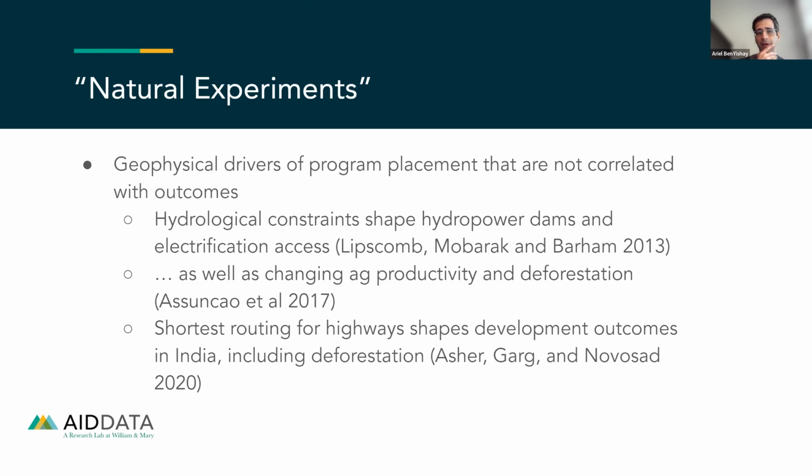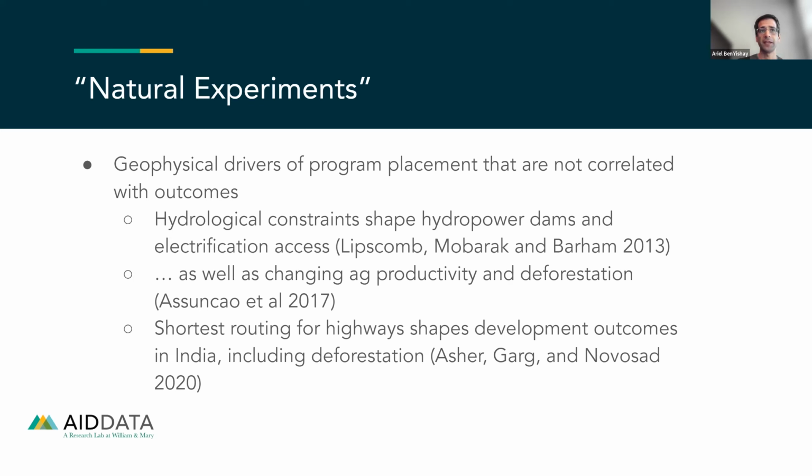The RD version that we just saw in Rwanda is an example that picks up part of this variation, but there is some really great work from Brazil as well, Lipscomb et al. and Assunção et al., that uses the hydrological constraints to determine where hydropower dams can be built, to then trace the effects through to electrification access.